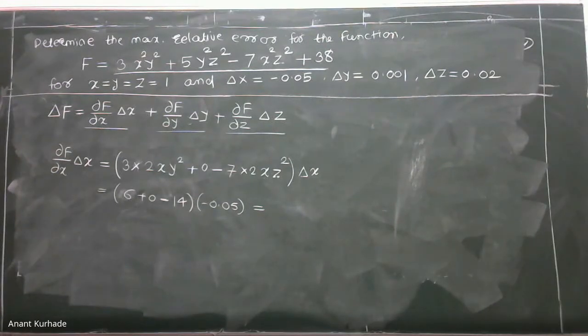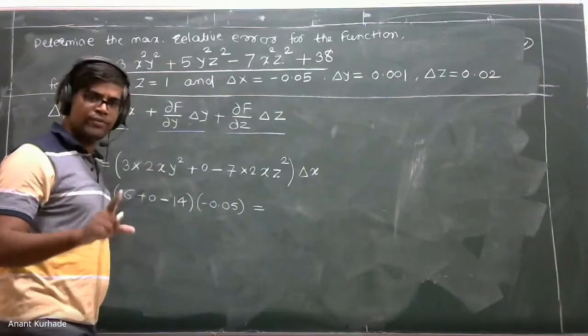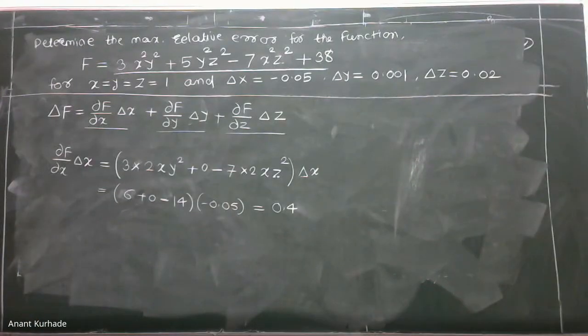Why positive 0.4? Minus 8 into minus 0.05, so it is 0.4, is it? Yes. Okay, fine. Now, let's continue. Here you can say it is positive 0.4.